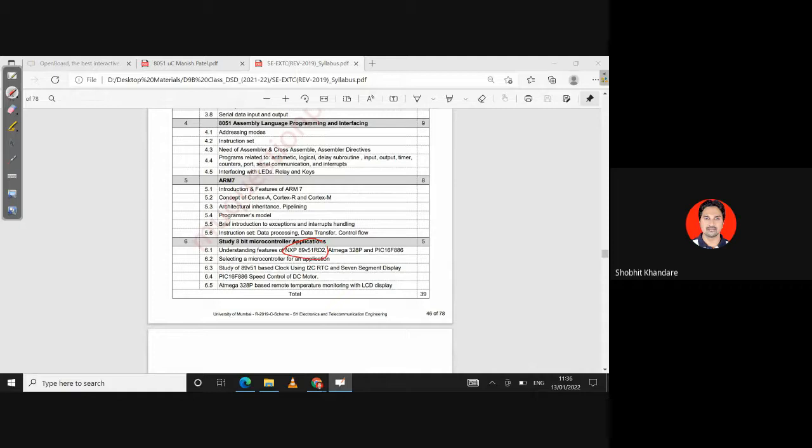This is one microcontroller, this is the other, and this is the third. These three are 8-bit microcontrollers.